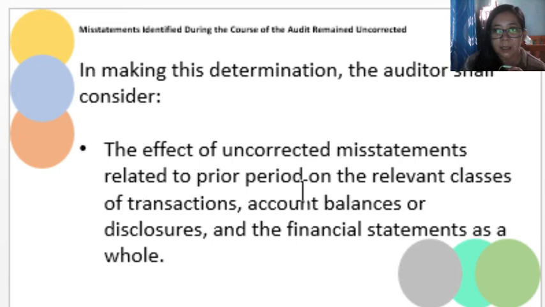Another is the effect of uncorrected misstatements related to prior periods on the relevant classes of transactions, account balance, or disclosure, and the FS as a whole. Meaning, if these misstatements relate to the prior period, do they have a material misstatement effect on the opening balances of the current period's FS? Okay, so that should be considered by the auditor.